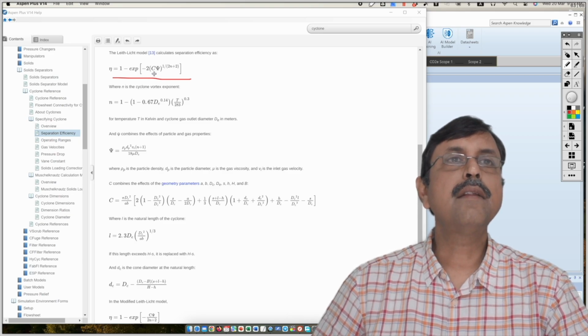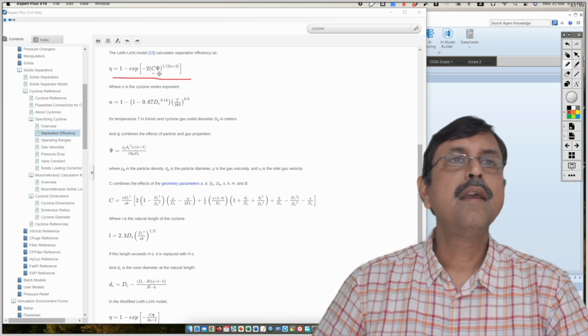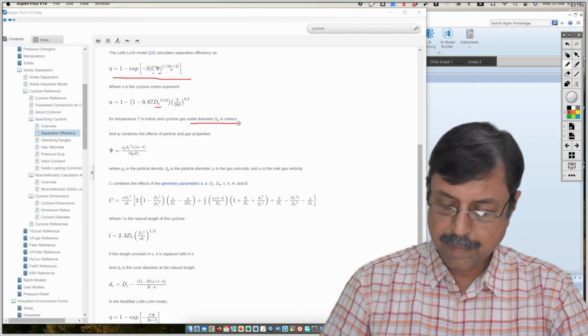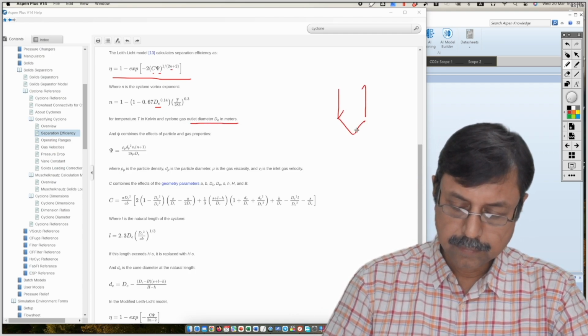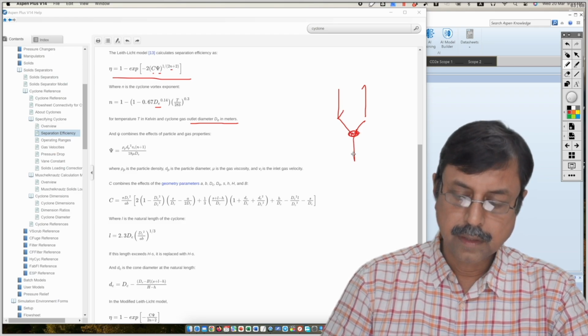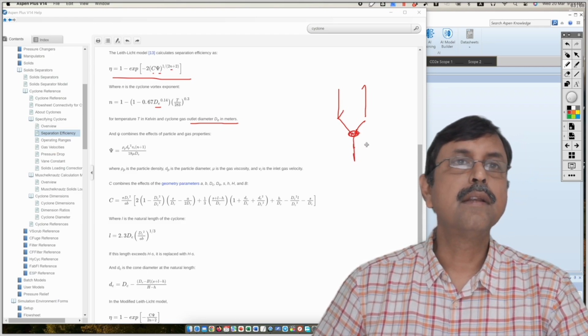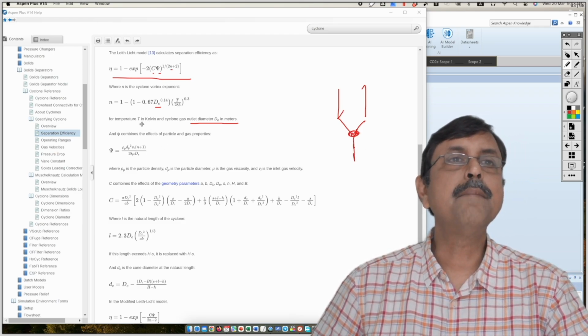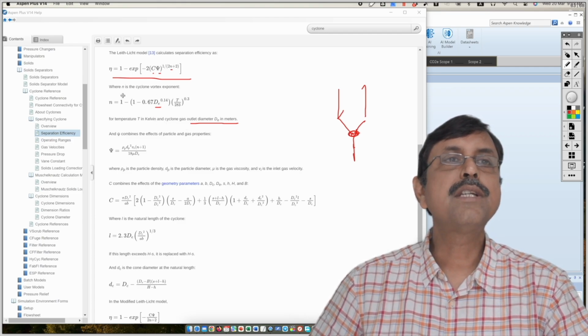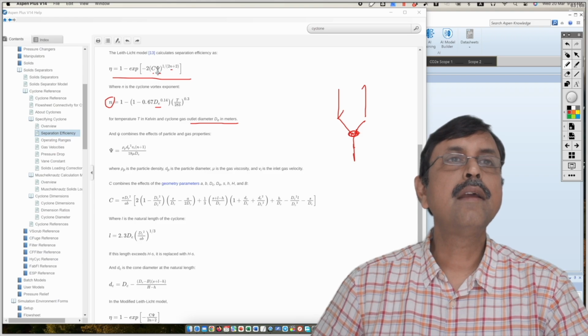Here you will find three unknowns, C, phi, the capital phi, and n, where n is a function of D and T. D is the outlet diameter. Outlet diameter means this is the outlet diameter. And T is the temperature in Kelvin. So if you provide this information, n will be calculated.